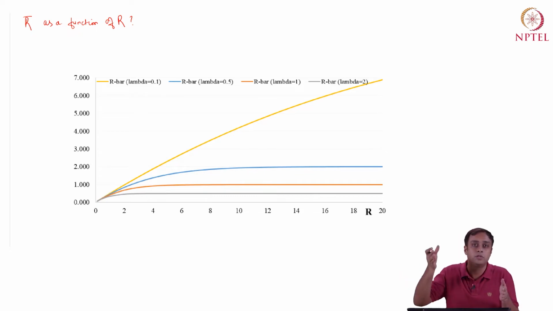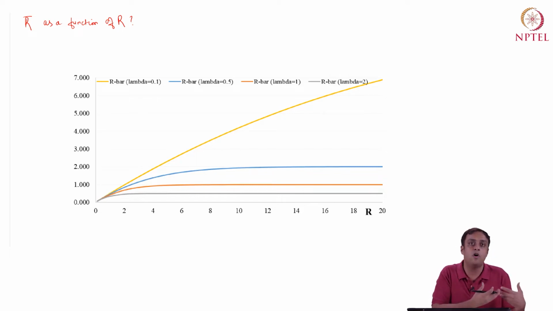As soon as you restrict it to, let's say, 100 or 150 kilometers, you have a more realistic situation, but from the point of view of a spatial distribution, it's a finite city that we are trying to model. So we wanted to understand how R bar would depend on capital R.